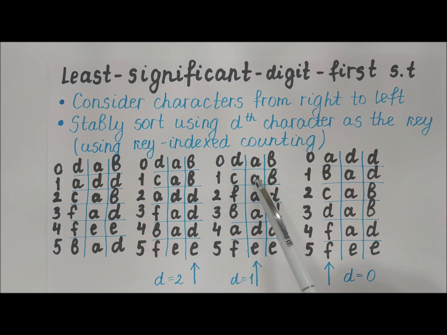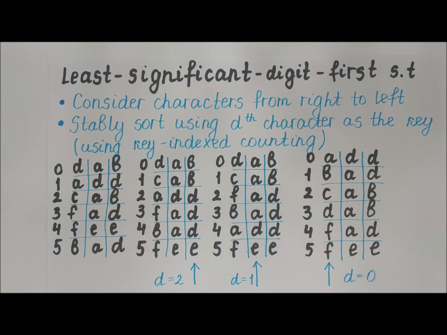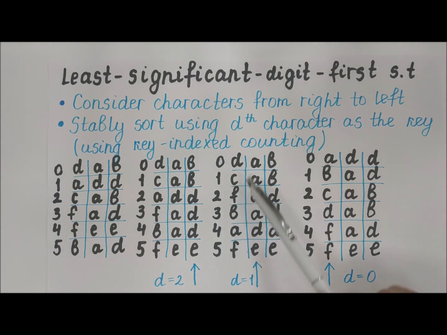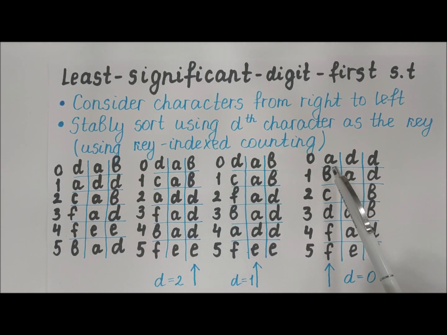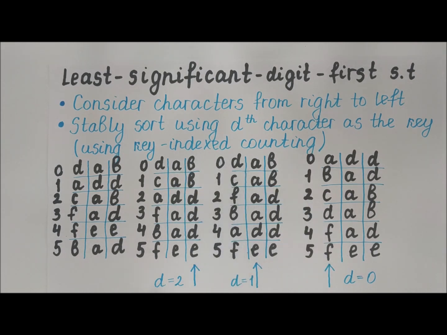And we will get A, D, E. And we will do the same thing, and we will decrease D to 0 and choose the first column and sort by the key-indexed counting algorithm again, and we will get only sorted words. The LSD algorithm is stable because the key-indexed counting algorithm is stable. And let's proceed to the code of this algorithm.